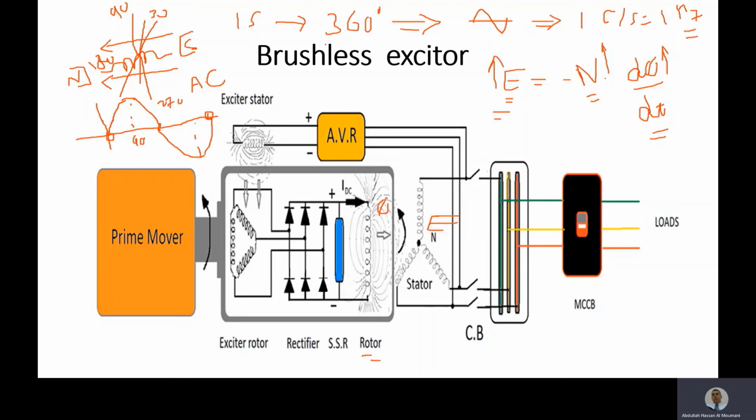Now if I increase the number of rotations in 1 second, it means if in 1 second I make 720 degrees or 2 rotations, what will I get? I will get 2 waveforms like this. So the frequency of the generator now will be 2 cycles per second, and that equals 2 hertz.